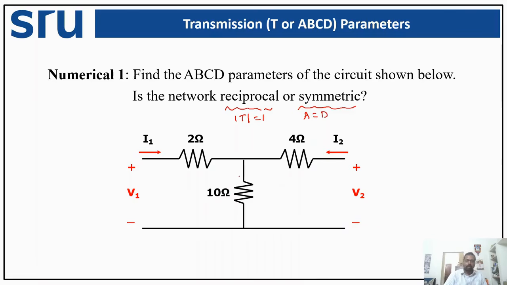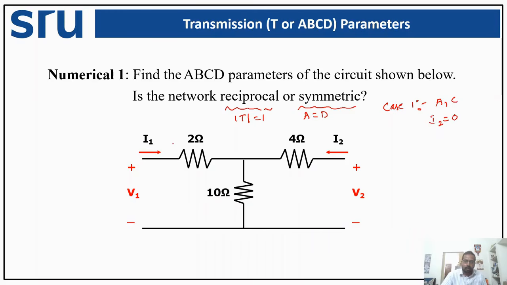In order to get the ABCD parameters, we are going to solve using our conventional method, that is by making use of two case studies. In the first case, case 1, our objective is to find the A and C parameters. How do we obtain them? When we make the second port current I2 equal to 0.